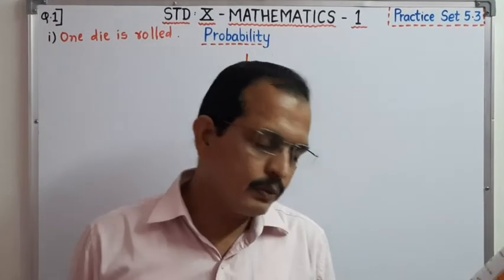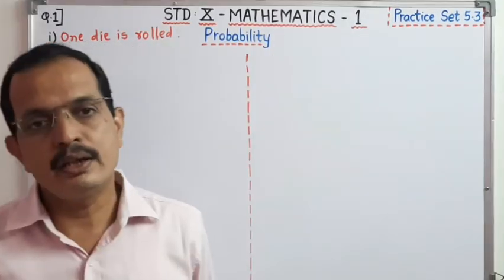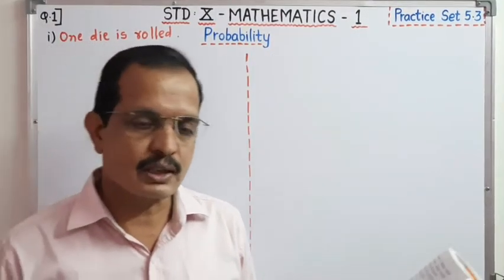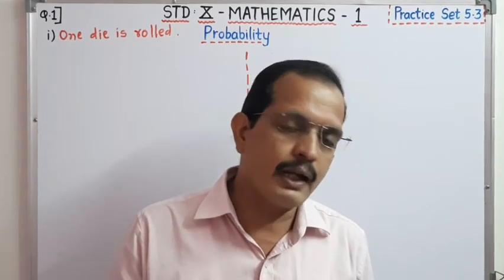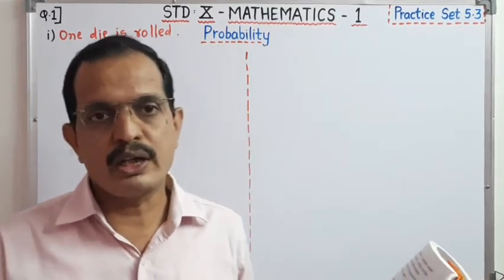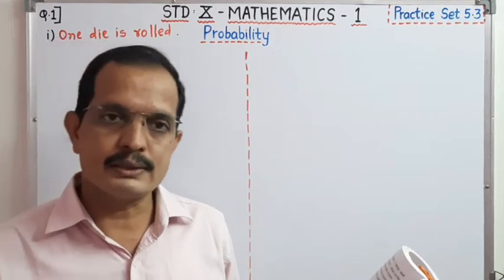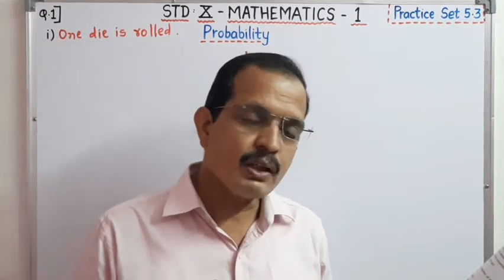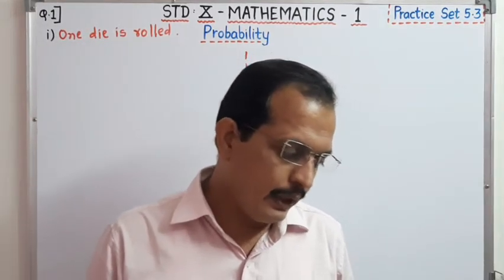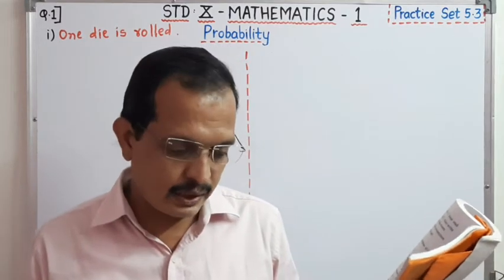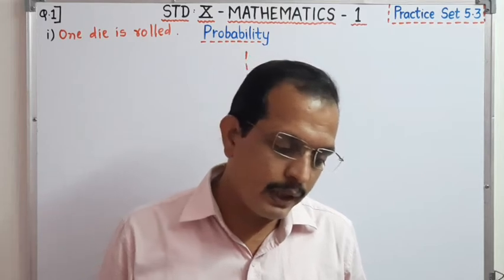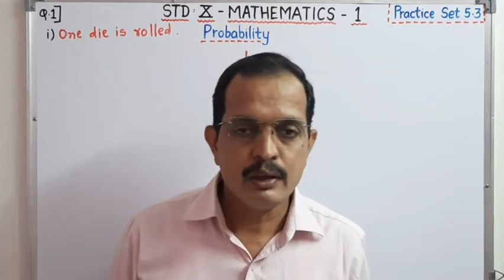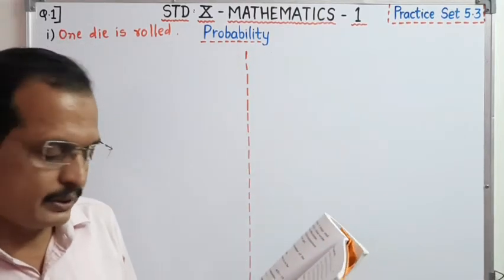See dear student, first question is given. In that 6 sub-questions are there. 6 random experiments are given. For each random experiment we have to write the sample space, number of sample points and events A, B, C, which are given, in set form, and we have to write n(A), n(B) and n(C).